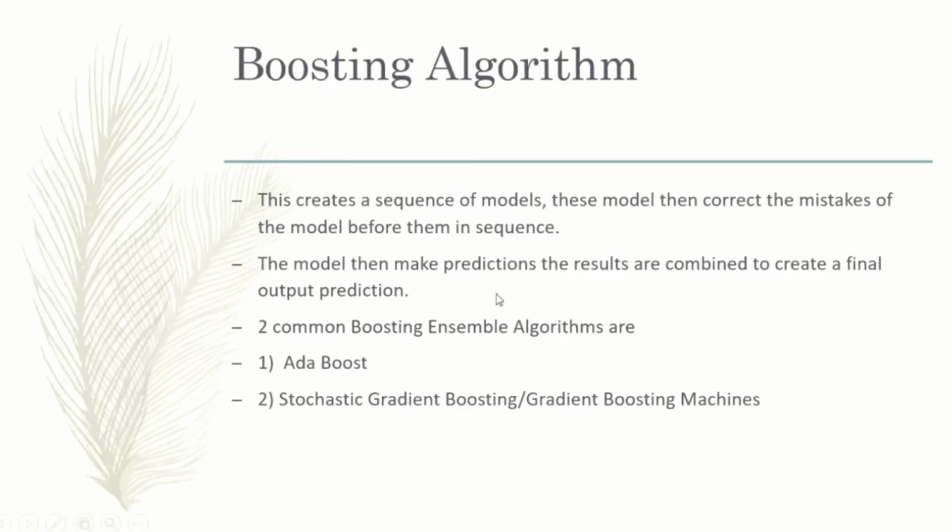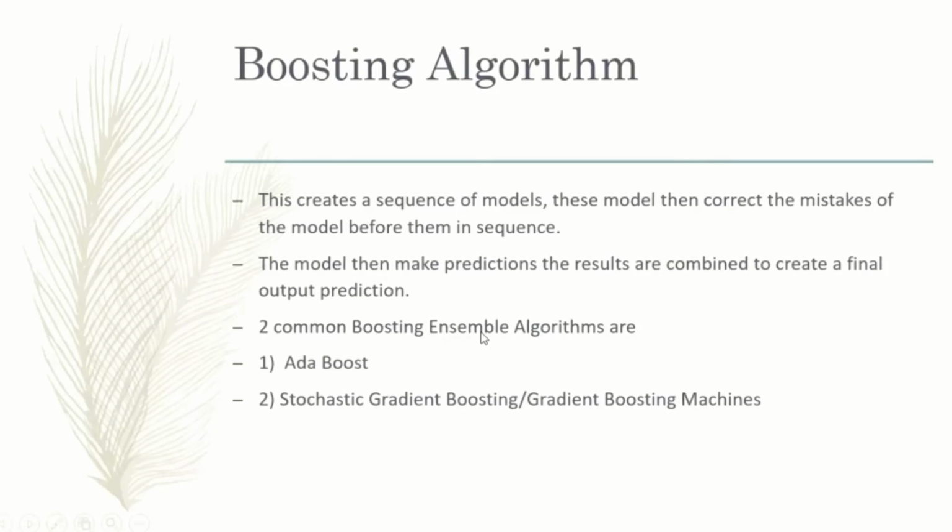The only difference is that it works with a sequence of models, not in parallel. Every model is not treated in isolation, but they are connected. Two common boosting ensemble algorithms are AdaBoost and stochastic gradient boosting, also called gradient boosting machines.